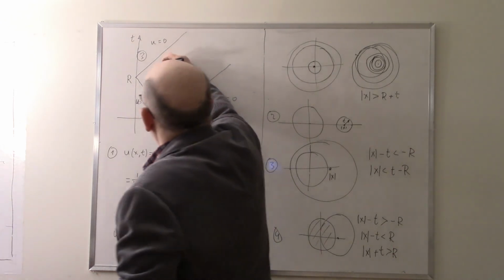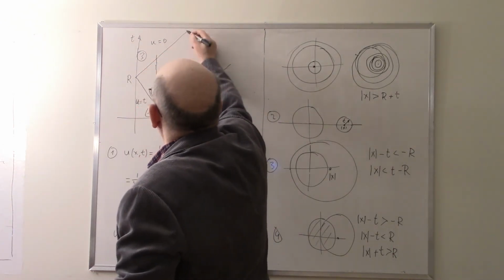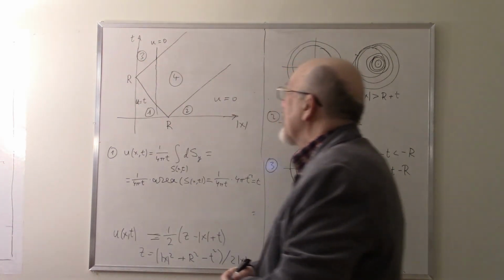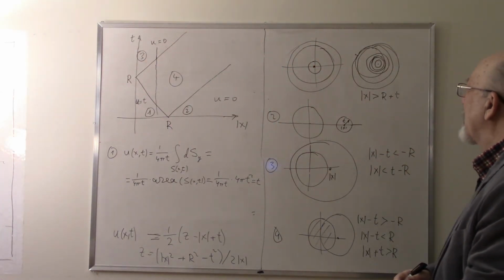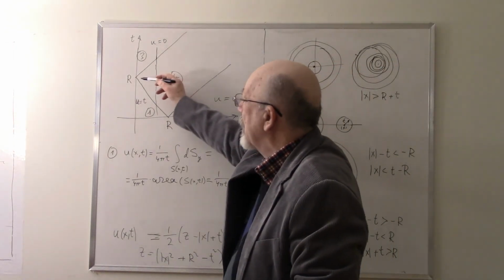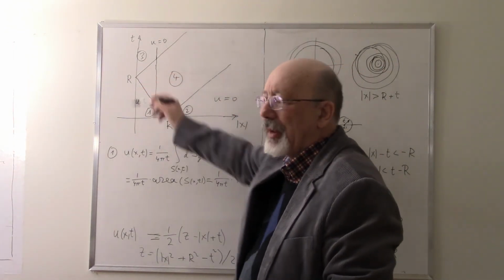This means that we crossed this border and are in domain number 3, where u is identically 0. But it goes continuously. The only discontinuity is at the center.